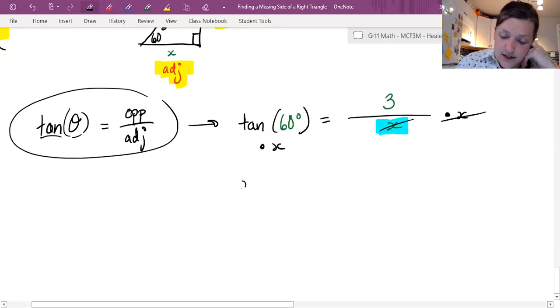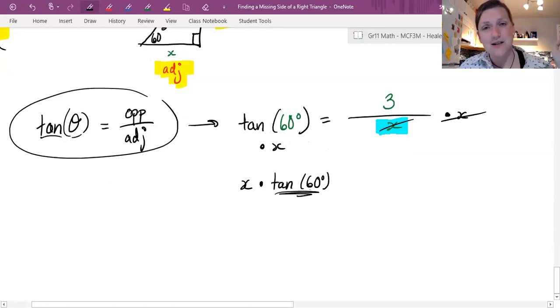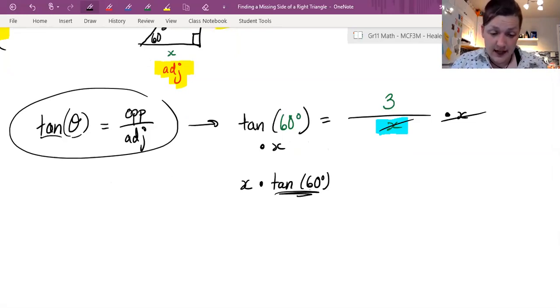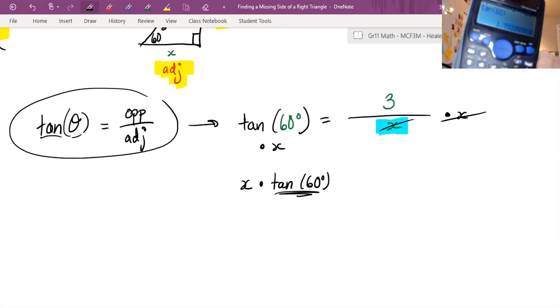On the left-hand side, we have x times tan 60 degrees, which again is a number. I like to save it for the end because I could do it right now. If I do tan of 60 degrees in my calculator, I end up with 1.732 and so on and so forth.